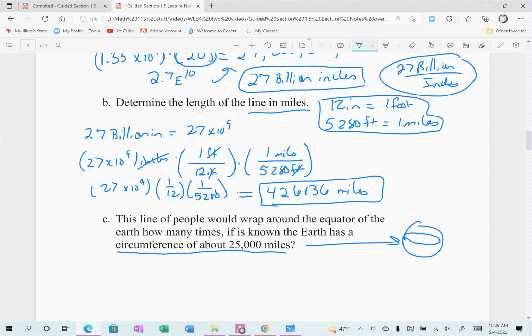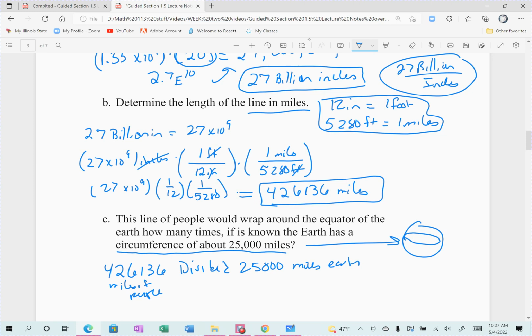You're going to take the number 426,136, the miles of people, divided by how many miles it takes around the Earth.